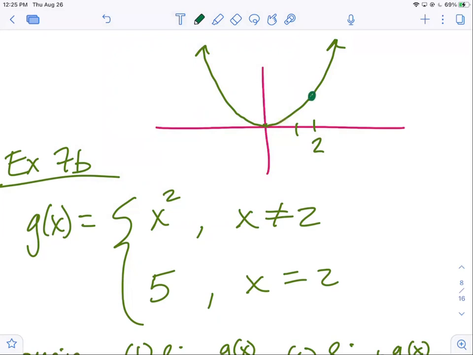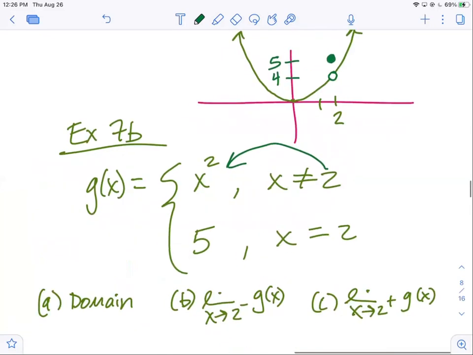Does it fill the hole back up that I just erased, or is it above or below? Well, yeah, we can use direct substitution. 2 squared is 4. So that's going to be the singular point that we got rid of. And then right there at 2, I'm just putting a solid dot. There's what the graph looks like.